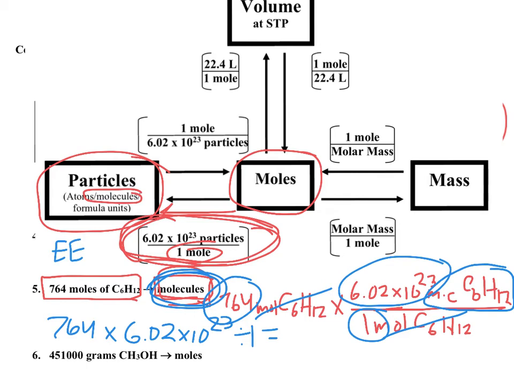We did 764 times Avogadro's number, divided by 1, and we end up with about 4.6 times 10 to the 26th power. Remember, that's units of molecules, and the compound is C6H12.